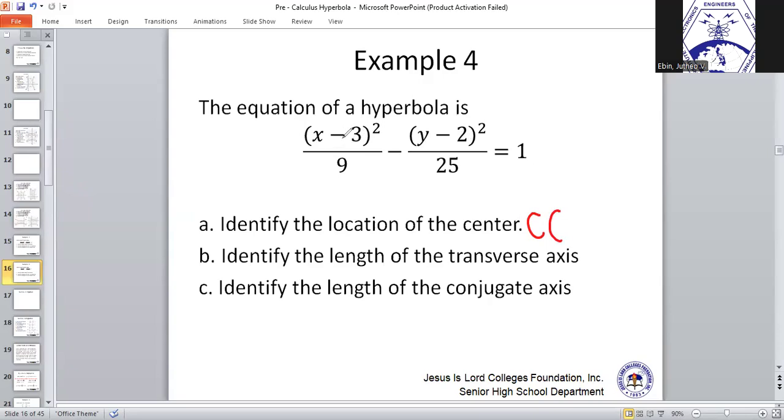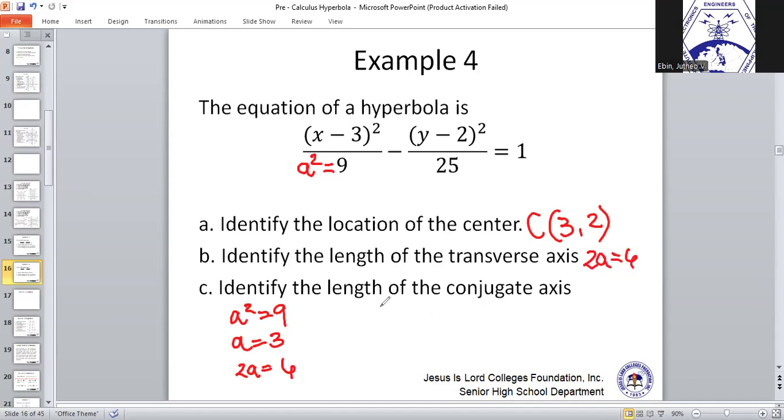So, X minus 3, so yung H natin dito is +3, ang y natin ay positive 2. Yung transverse axis natin, makukuha natin siya sa unang denominator. But again, this is equivalent to a squared. So a squared is equal to 9. A is 3. Kailangan natin tong i-multiply by 2 to find the length of the transverse axis. So 6. 2a is equal to 6.